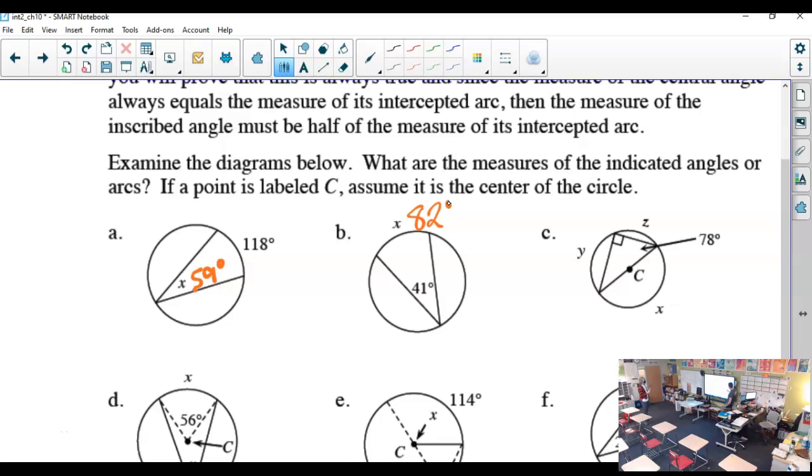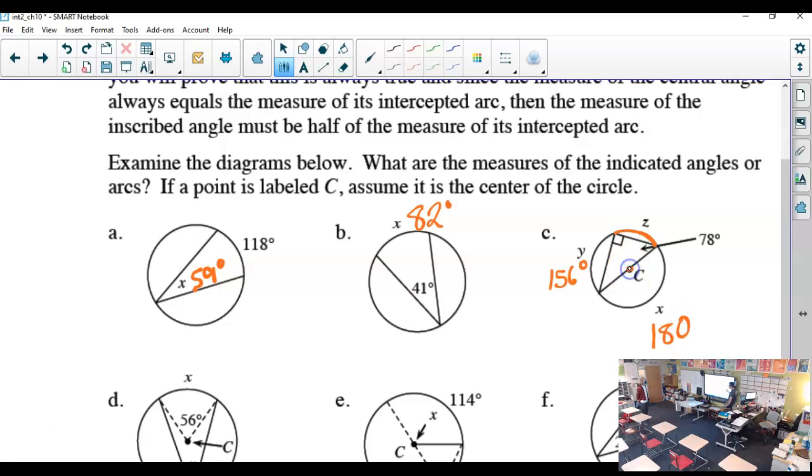If this is 78, what is y? It's 156. I got it. Okay, no. X is 180. We can't prove that. Yes, we can. It's the center, the diameter.